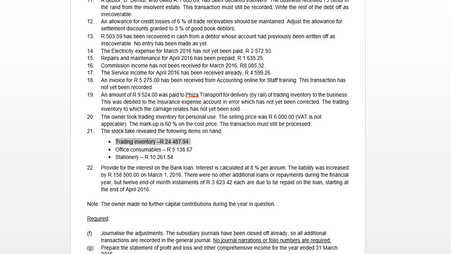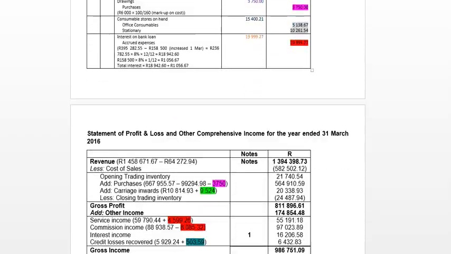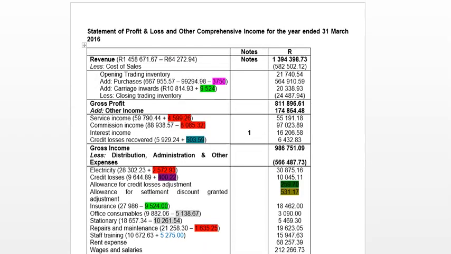So it's our trading inventory here from our stock take. Okay, and that we're going to subtract. And if we do that, then we get a cost of sales of 582,502 Rand and 12 cents.